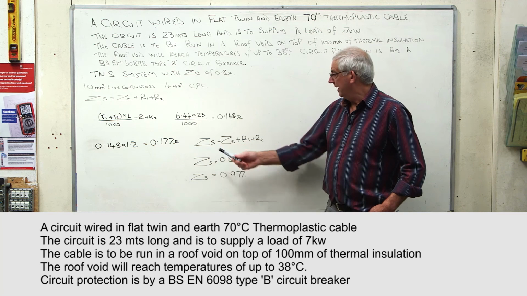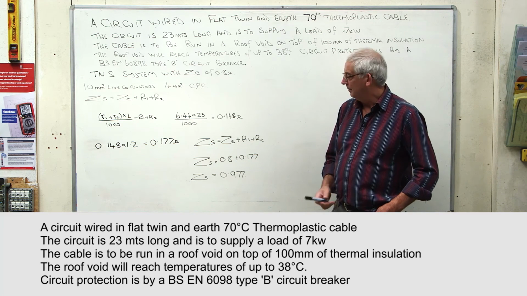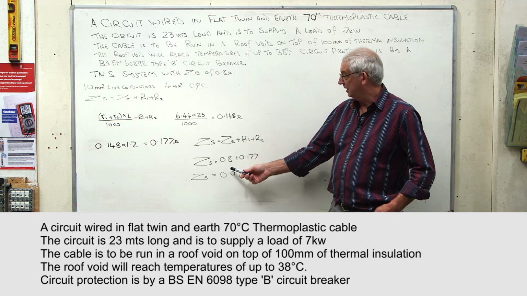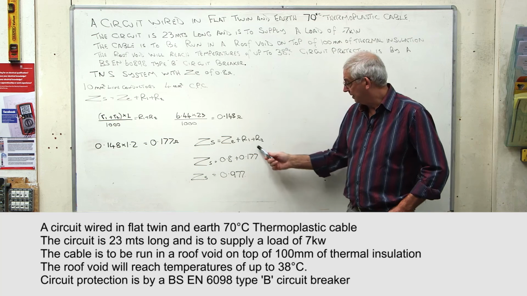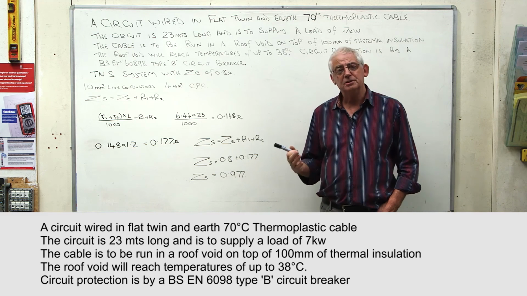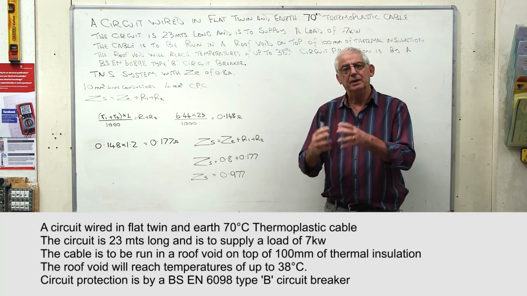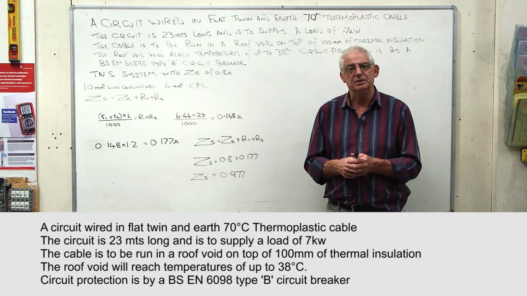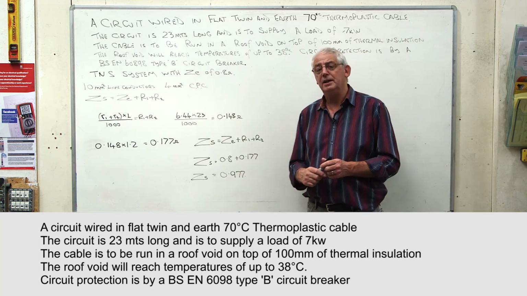We can see that ZS equals ZE plus R1 plus R2. We know that ZE is 0.8 because it's given to us here. We've calculated the resistance of our cable as being 0.177, and that would be at its maximum temperature of 70 degrees. So if we add the two together, we end up with a ZS of 0.977.